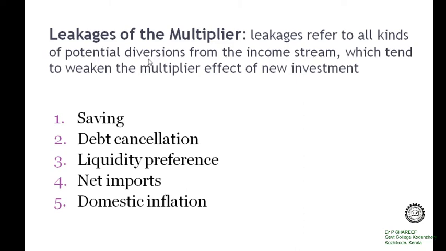Leakages refers to all kinds of potential diversions from the income stream which tends to weaken the multiplier effect of new investment. Saving, debt cancellation, liquidity preference, net imports and domestic inflation are leakages from circular flow of income and expenditure. They negatively affect the multiplier effect.